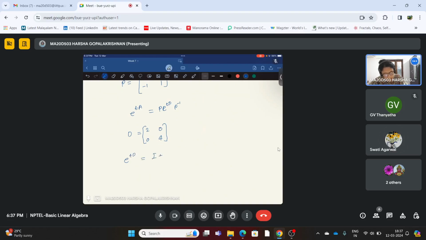That is I plus tD plus t square D square by 2 factorial and so on.